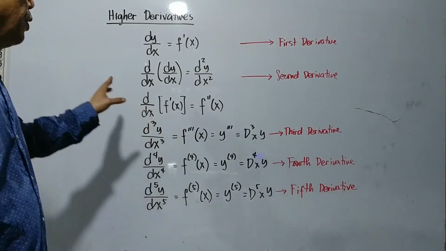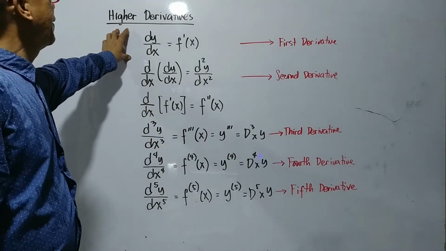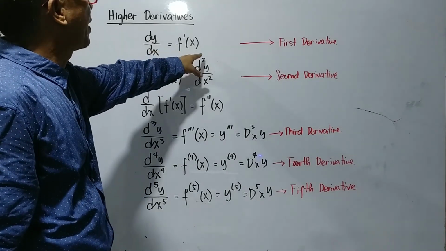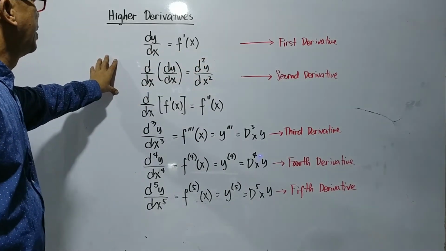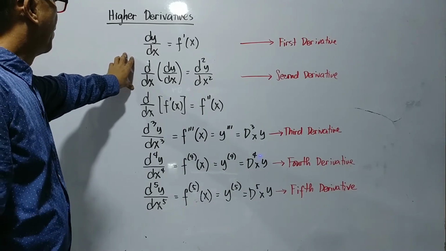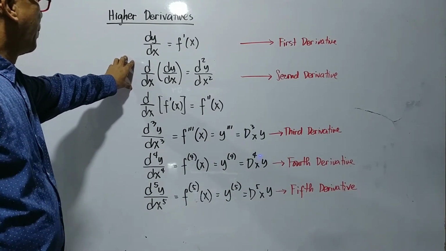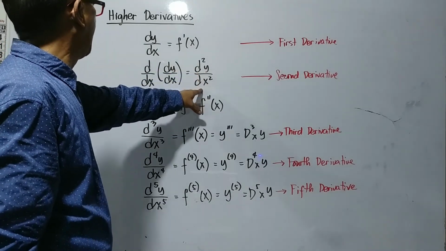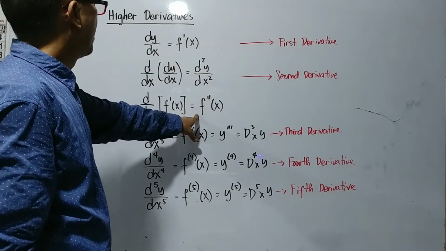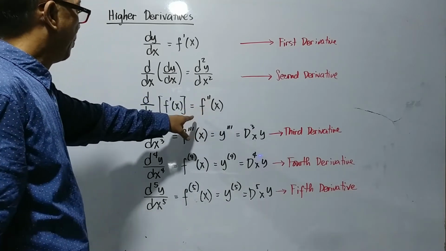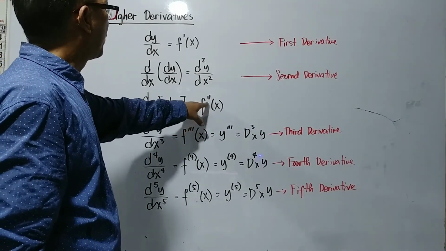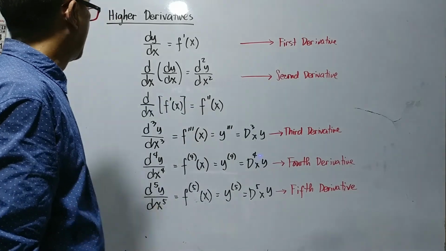So before, we were only applying the first derivative, the dy/dx, which is the f prime of x. Here now, we have the second derivative, which is d squared y over dx squared, or f double prime of x.